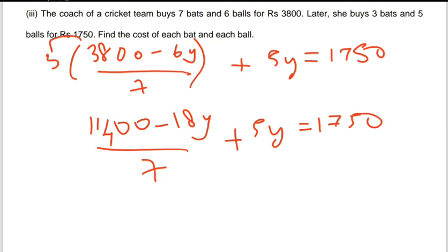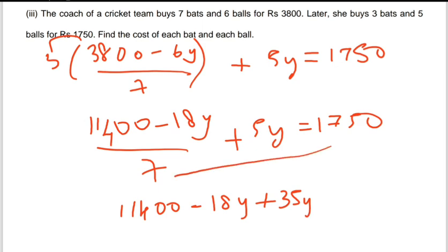So now let's take LCM for this. Then 11,400 minus 18y plus 7 5s are 35y. Now let's take this 7 to RHS. So 1,750 into 7.